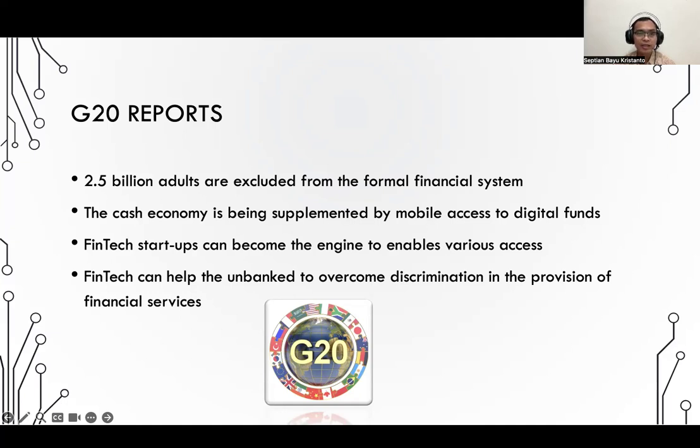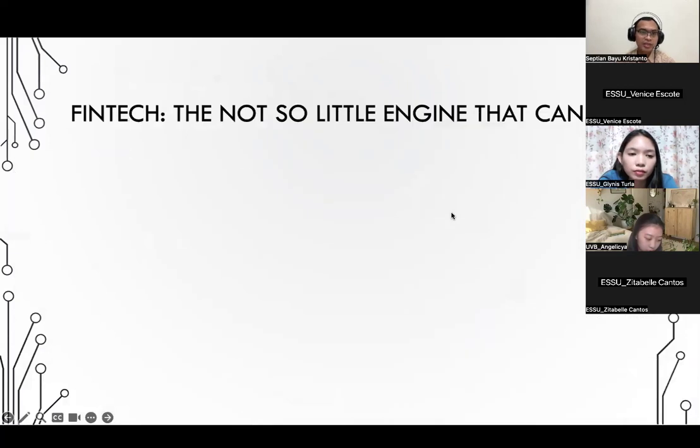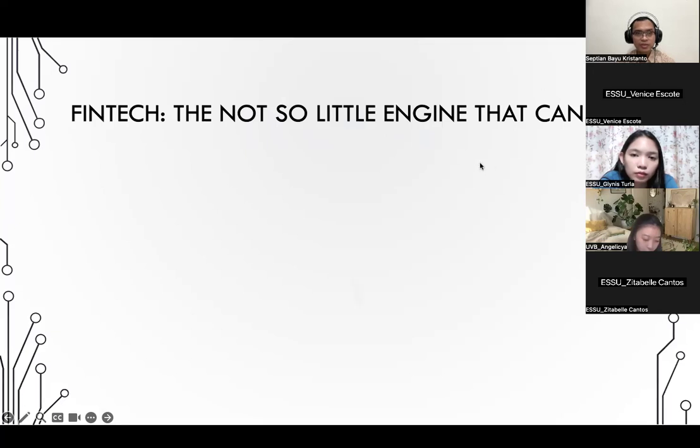Maybe we can find this in middle-income countries like Southeast Asian countries: Indonesia, the Philippines, Malaysia, Singapore, and others. So fintech is not about big engines. It takes the role of little engines that can help financial services around the world.